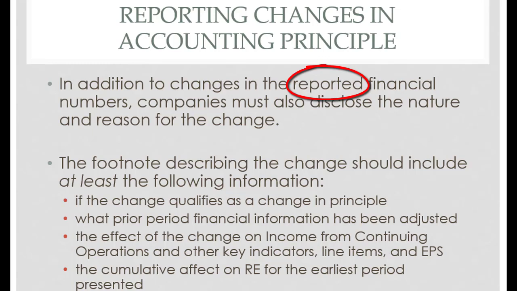This year, last year, and the year before that. You also have to include this year's balance sheet and last year's balance sheet. And you have to include this year's statement of cash flows, last year's statement of cash flows, and the year before. And all of those statements, now we're talking about 8 financial statements, have to be updated to report the new numbers. So that's the reporting consequence of a change in principle.